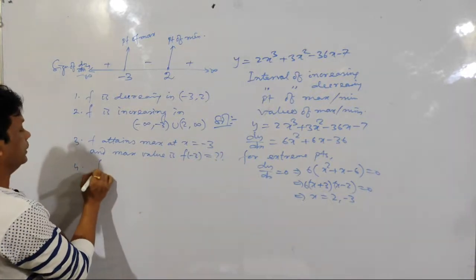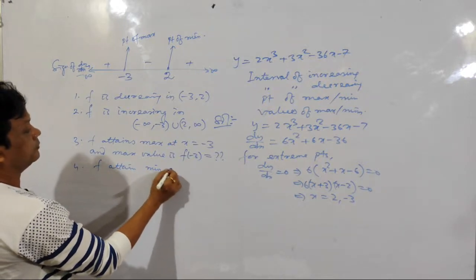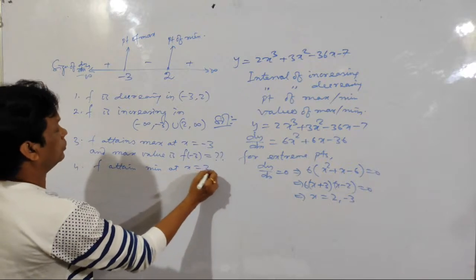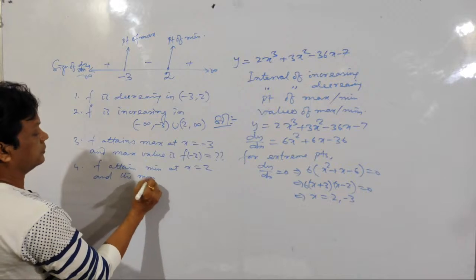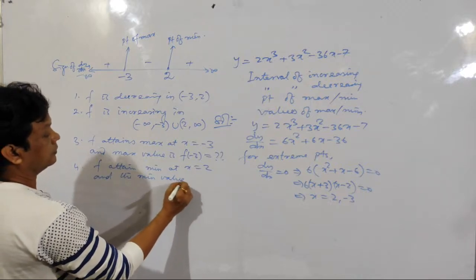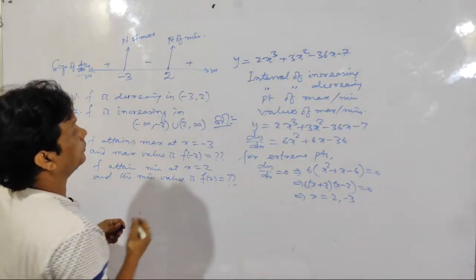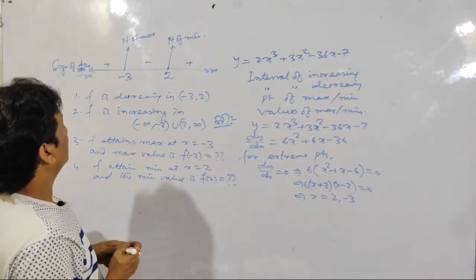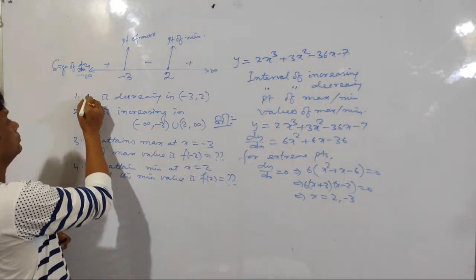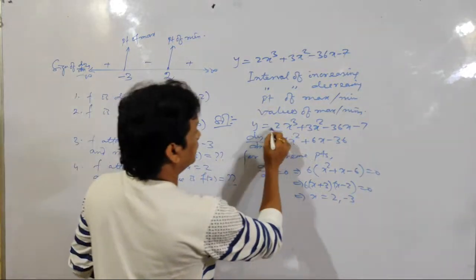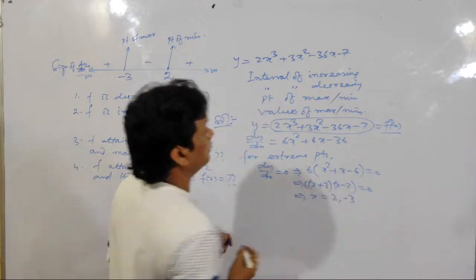Then number 4, f attains minimum at x is equal to 2 and the minimum value is f of 2, and you will calculate the value of f of 2. Clear? Here y is given, so this quantity is f of x. I am writing like this. Okay.